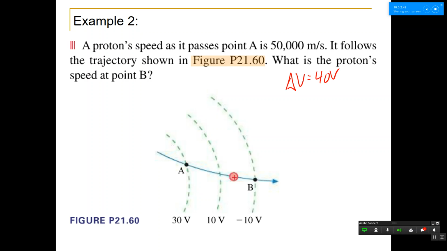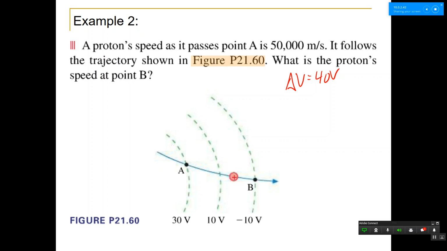First of all, this is the proton, and the proton is going from positive potential to negative potential, or the other way around? It's going from positive to negative, and it's a proton. Is it going to be speeding up or slowing down? So that change in potential energy from here to here is a gain of kinetic energy, right?